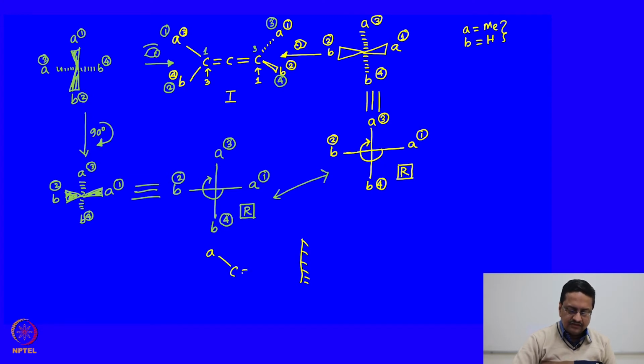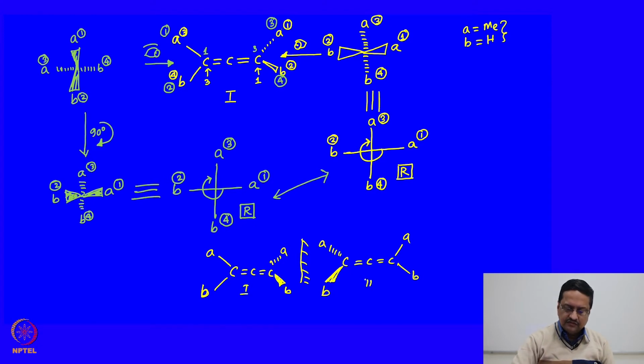A, C, double bond C, double bond C, A and B, A and B. So, the mirror image will be this. So this molecule is 1 and this is the isomer 2, the enantiomer of 1. This is what I have drawn in the next slide.